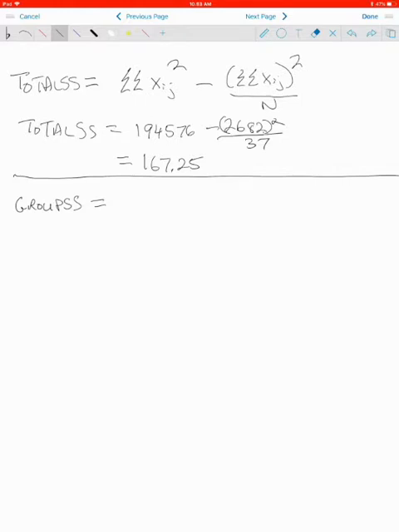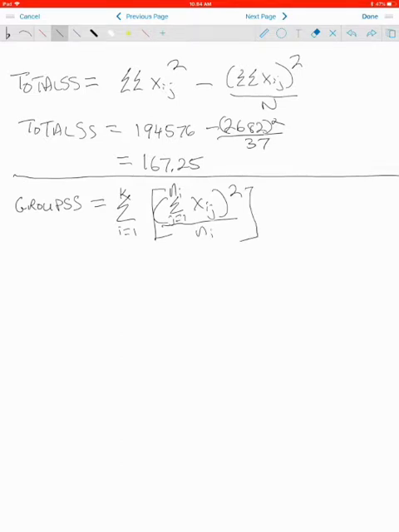And so the equation you might remember is the sum from i equals 1 to k of the sum from j equals 1 to ni of the xij's, which you then square and divide by their associated sample size.